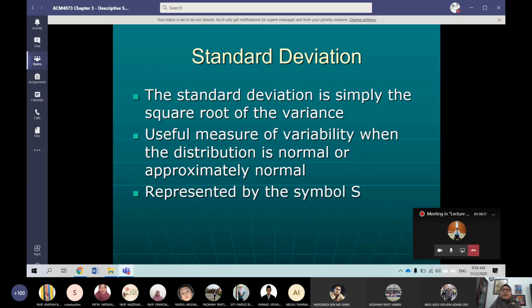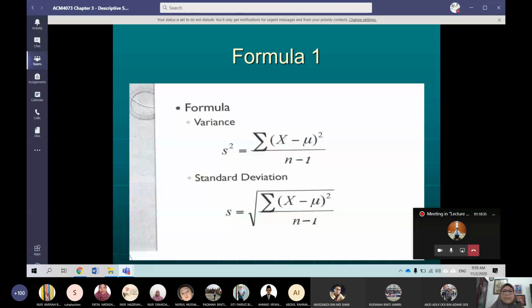The normal range for the score cannot be more than 2 or -2. As long as they move between 0 to -2 or 0 to 2 is considered normal. It is represented by the symbol S.